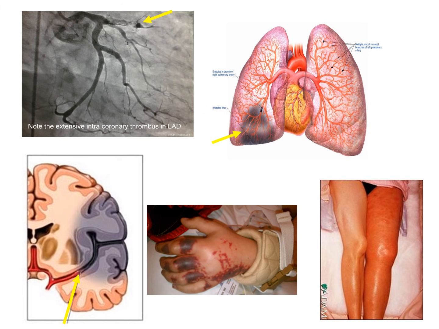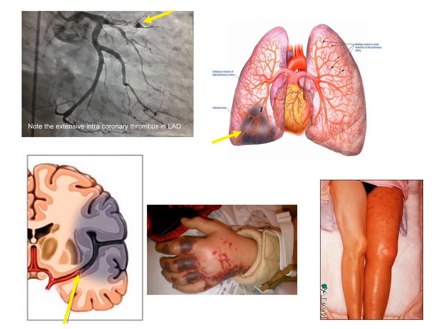We're going to cover coronary artery disease and clots in coronary arteries in more detail in the cardiac unit. We're going to cover pulmonary embolism, clots in the lungs, in more detail in the pulmonary unit. We're going to talk about CVAs and stroke, clots in the cerebral vasculature, more in the neuro unit.